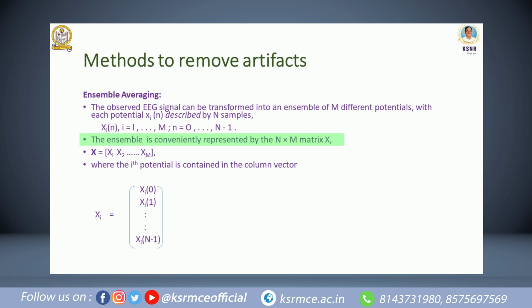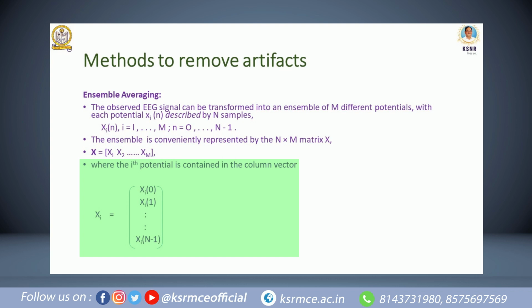So this ensemble of m potentials can be expressed as a matrix of size n by m, written as X = [x1, x2, ..., xm], where x1, x2, ..., xm represent the individual potentials, and each potential has n samples. For example, the ith potential xi can be expressed as a column vector xi(0), xi(1), and so on up to xi(n-1), with n rows corresponding to n sample values.